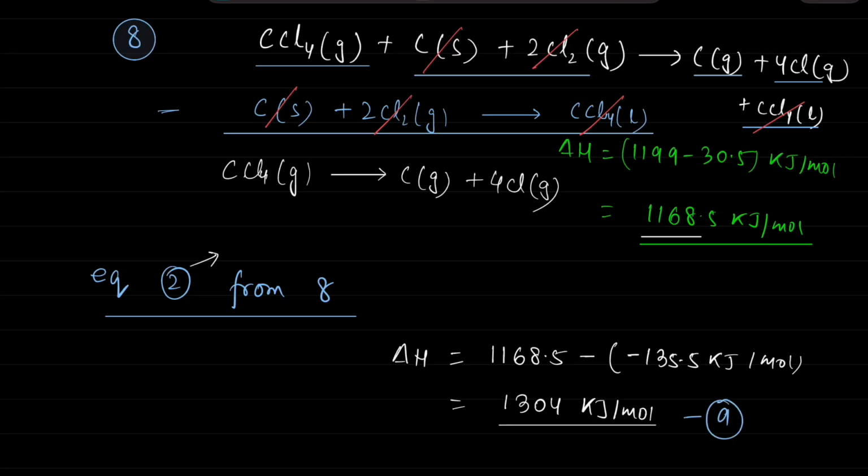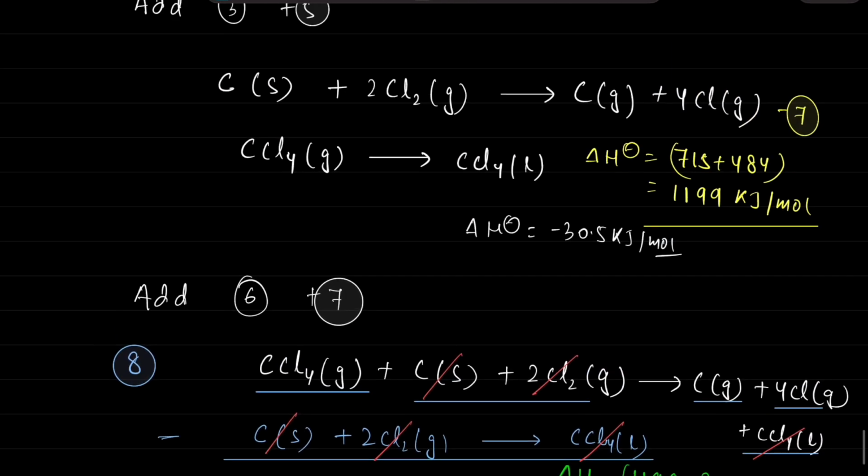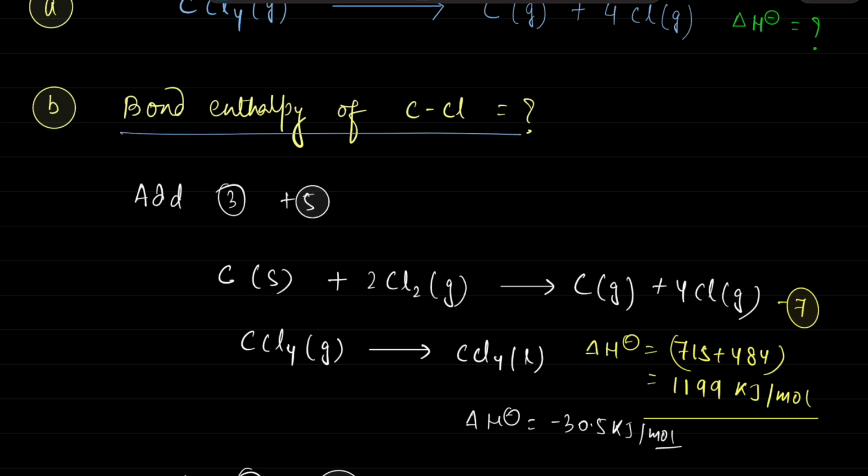In the second part, B, we have to find the bond enthalpy of C-Cl in CCl4. We already found the standard enthalpy for CCl4 atomization. To find the bond enthalpy, we have to divide delta H by 4.